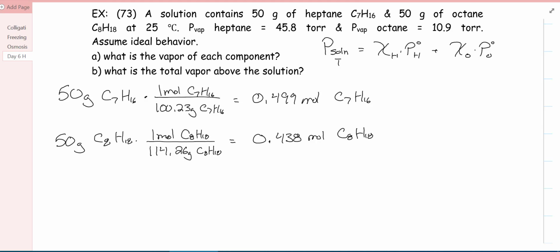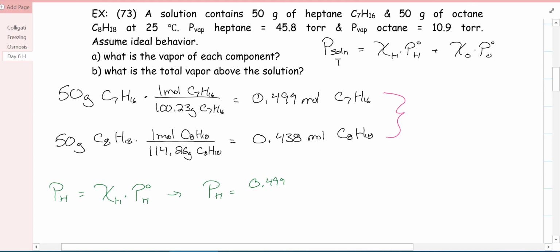But, so let's do heptane first. We'll do P heptane is equal to the mole fraction of heptane times the pure pressure of heptane. So the pressure of heptane would be equal to the mole fraction, which is 0.499. Now, these moles here, what's the total moles? Right? The total moles would be 0.499 plus 0.438.